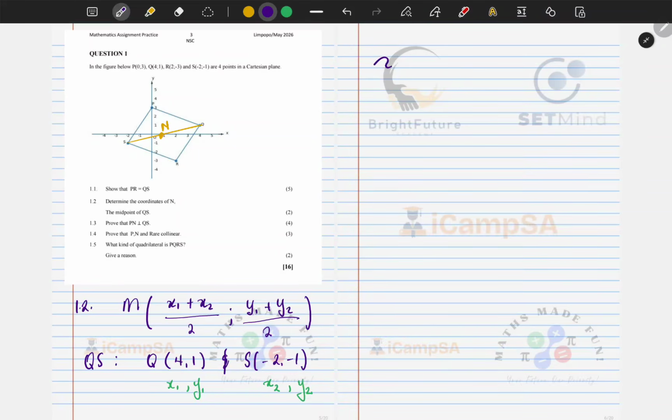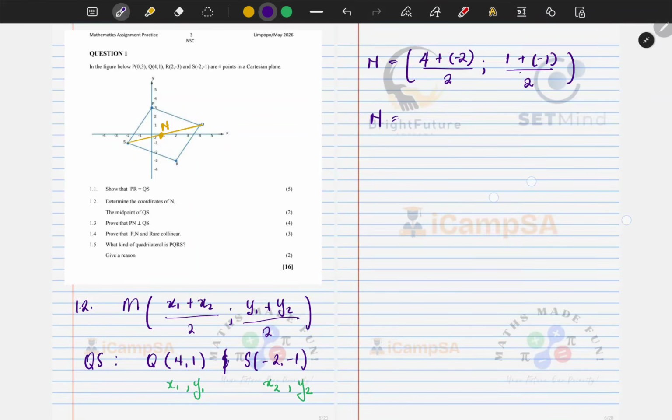So now we can simply say N is equal to x1 plus x2, so that's your 4 plus -2 all over 2, comma, and then your y1 plus y2, that's going to be 1 plus -1, all over 2.